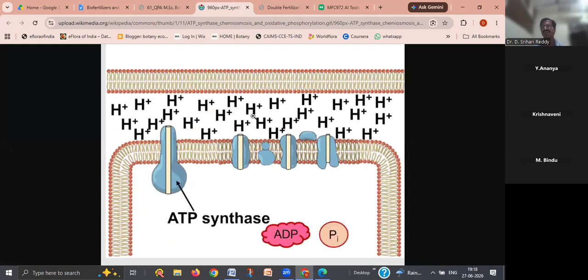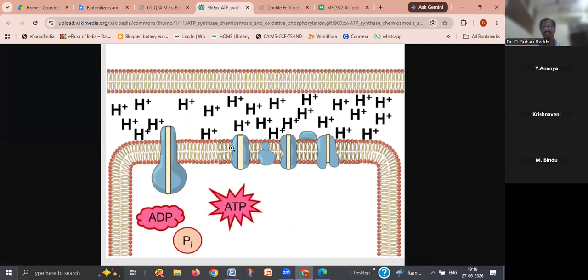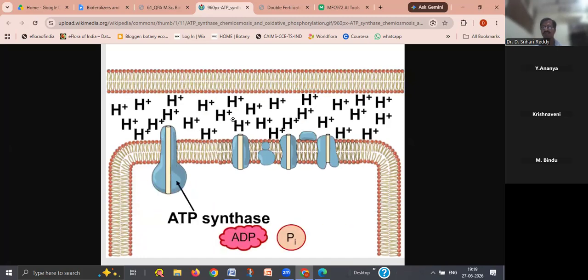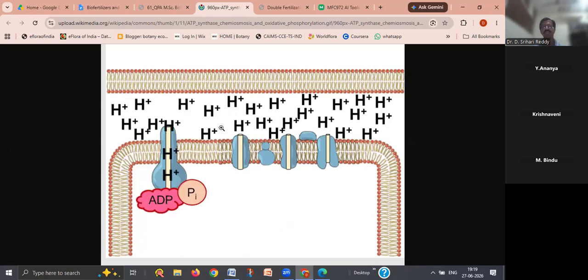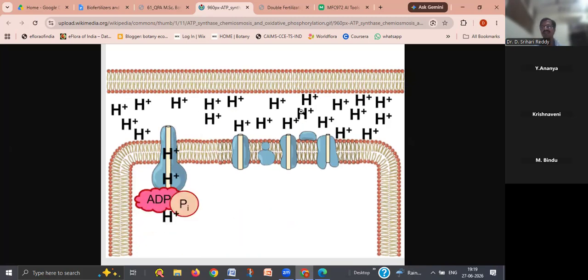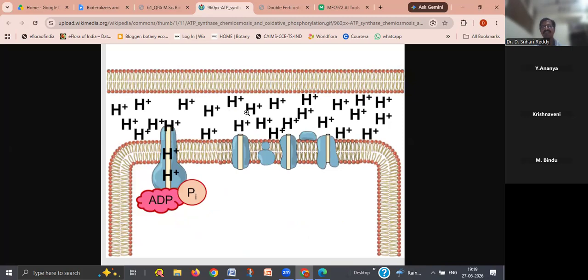The protons are accumulated in the membrane between the two membrane structures. Due to the proton gradient, that is also called as proton motive force. These are protons, not proteins. H plus ions are called protons because they don't have neutrons or electrons, they only have the protons.